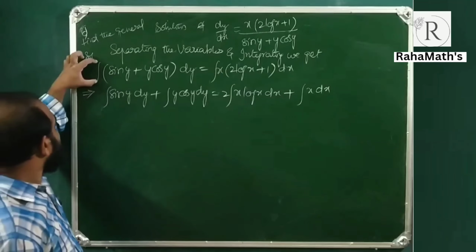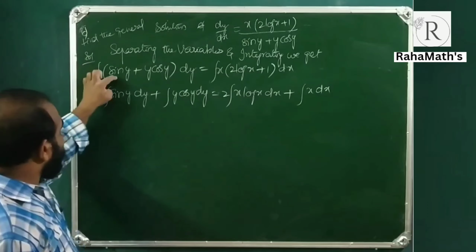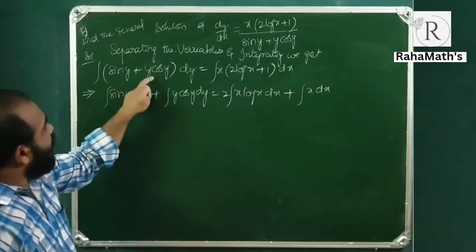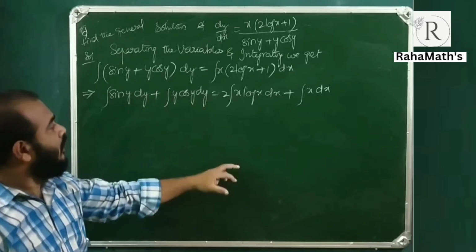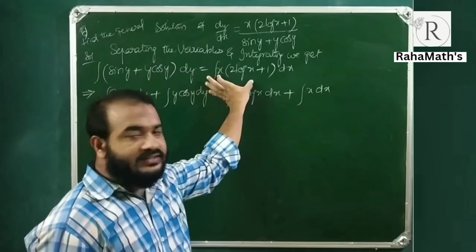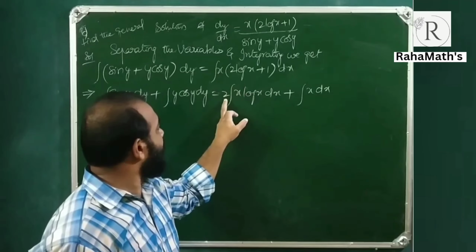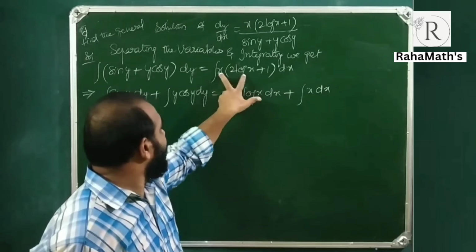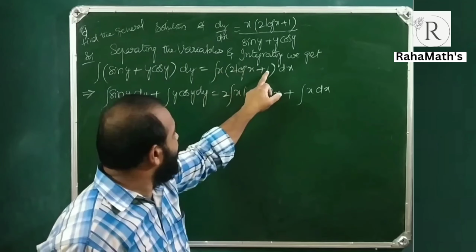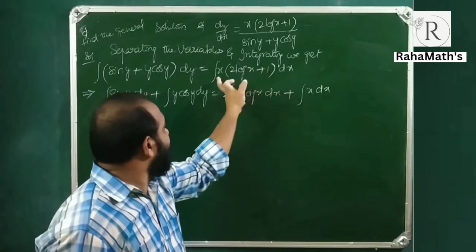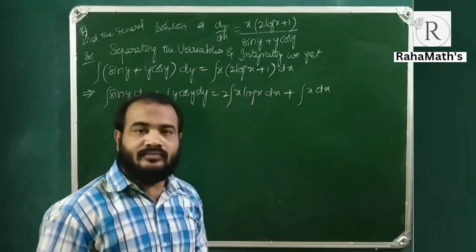So this is integral sin y dy, this is integral y cos y dy, and this is 2x log x. So 2 I have separated from the process of integration. x log x. This x is multiplied with this 1 also. So x into 1, integral x dx.